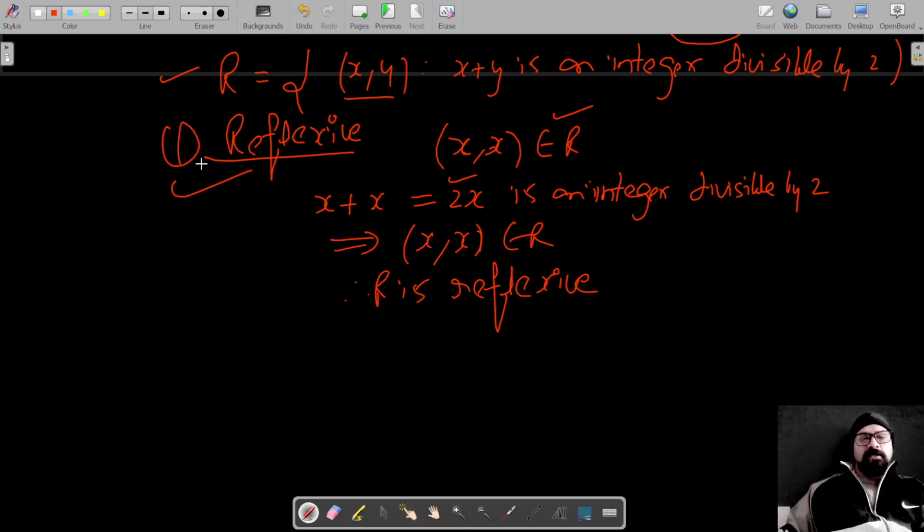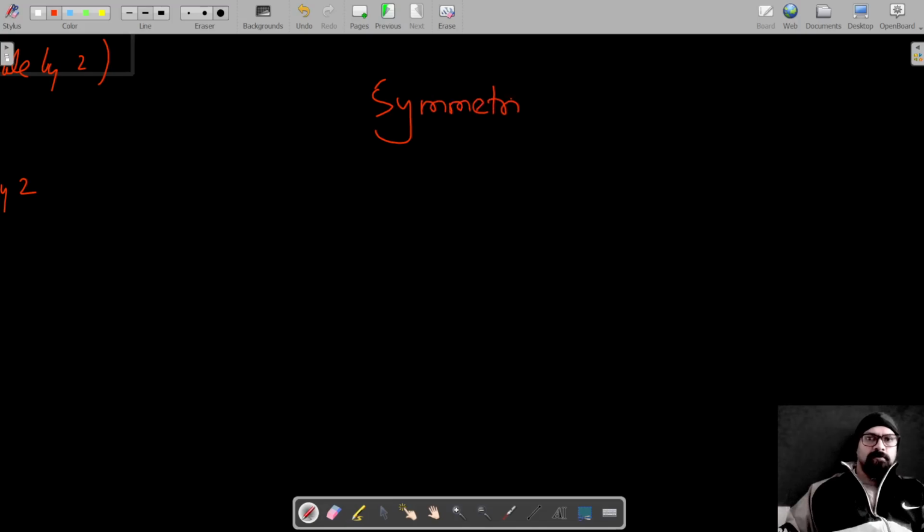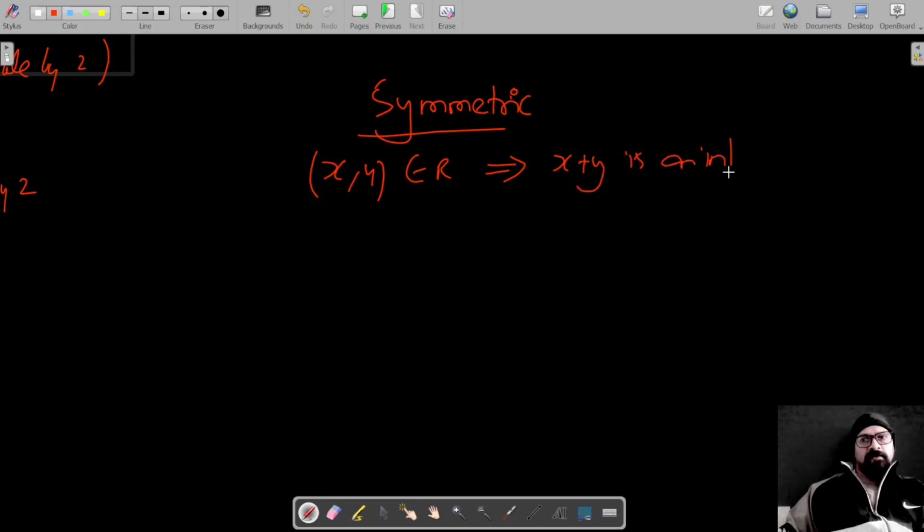Now let's check the symmetric part. For symmetric, let's consider that (x, y) belongs to R, and if we prove that (y, x) belongs to R, then it is symmetric. So (x, y) belongs to R means x plus y is an integer divisible by 2.